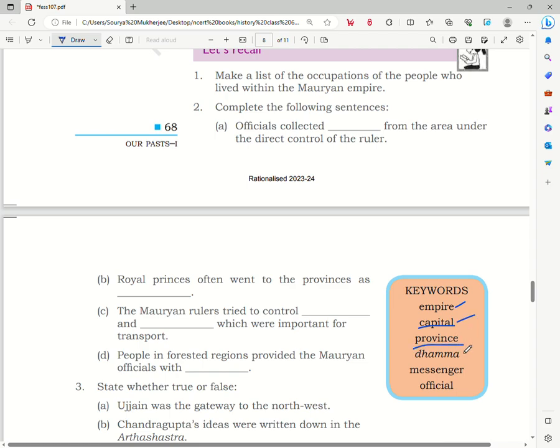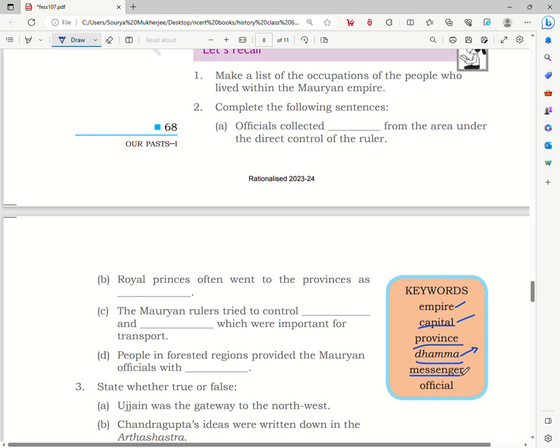A province is the subdivision of an empire or a large kingdom. The Dhamma is basically the Prakrit word for Dharma, and it was the Buddhist-inspired, peaceful ideas that were propagated by Ashoka.